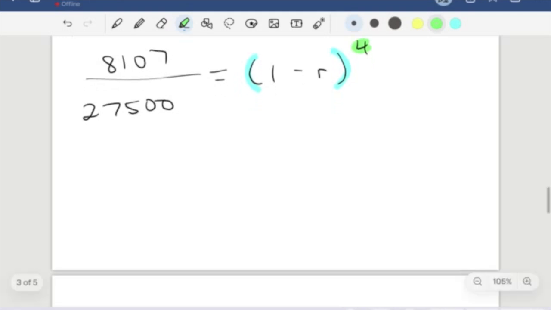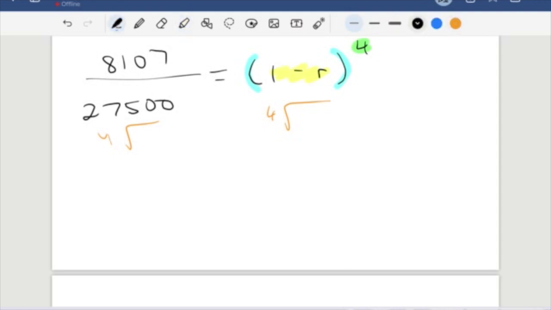So this is taken to the power of 4, and the opposite to raising something to a power is taking the root of that. Now this is raised to the power of 4, so I'm going to take the fourth root of both sides, to get 1 minus r all on its own.